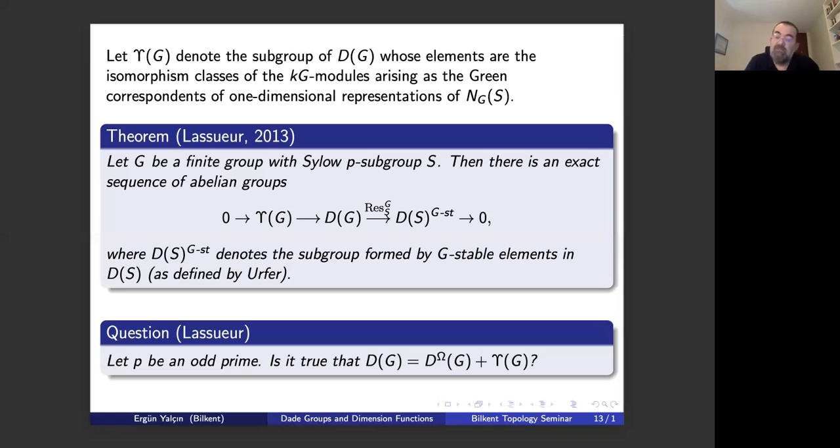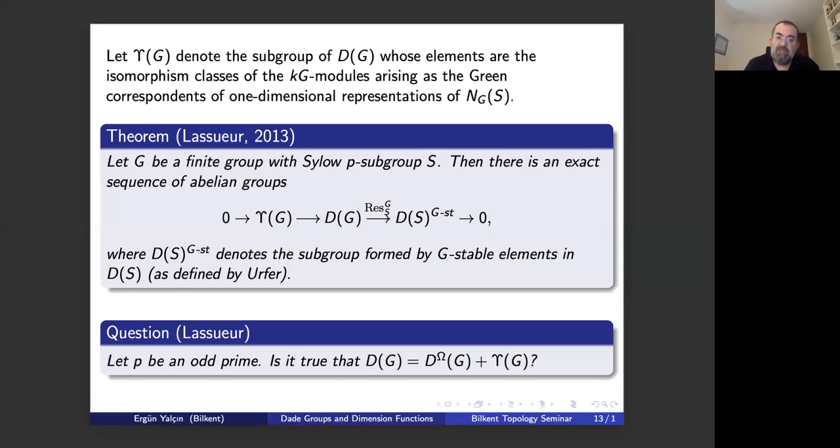For the torsion summands, the torsion part, there is another description in terms of sections. So as an abelian group, the number of generators of DS is known. But then when you need to calculate G-stable, the summands may change. So I don't know the complete calculation of the G-stable.